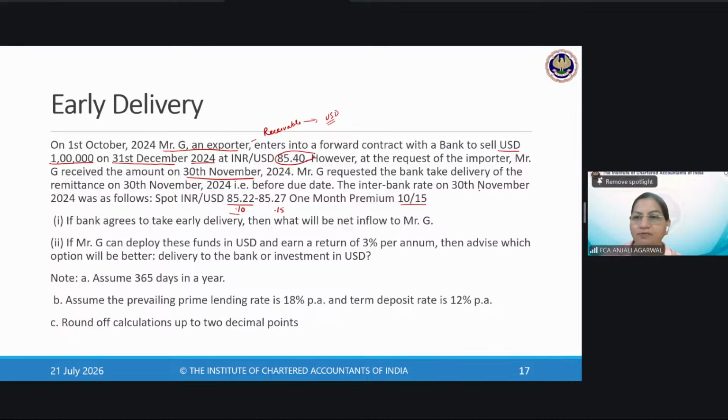So the forward rates would be 85.32 oblique 85.42. So the bank will enter into a forward contract to hedge itself for the position it must have taken on the basis of G's contract. And now it will have to buy at 85.4.